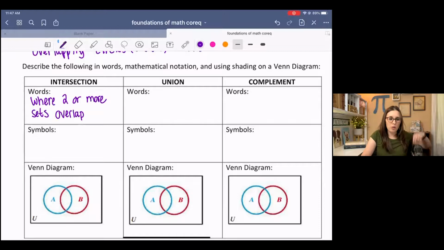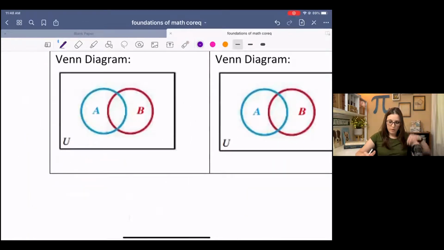And the mathematical symbol we use for intersection is this upside down U. So in math, we like to not write so much, and we use a lot of symbols. As you've already seen today, we use a lot of symbols to shorten that. And so we would write A intersect B. And that's how you read it: A intersects B. And in Venn diagram form, that intersection represents the overlap.